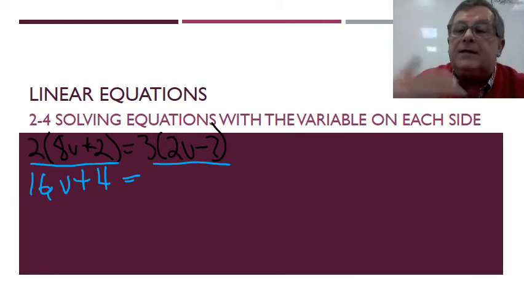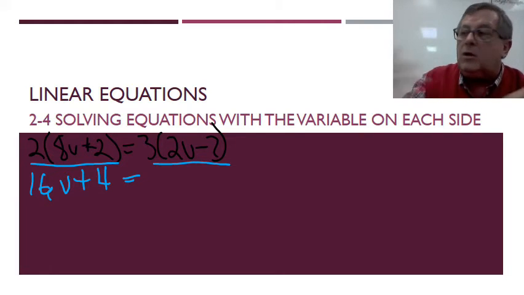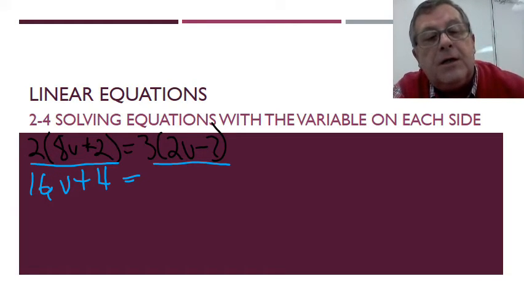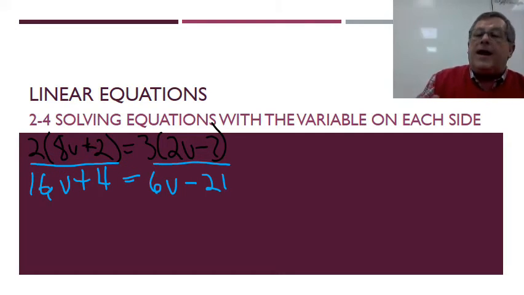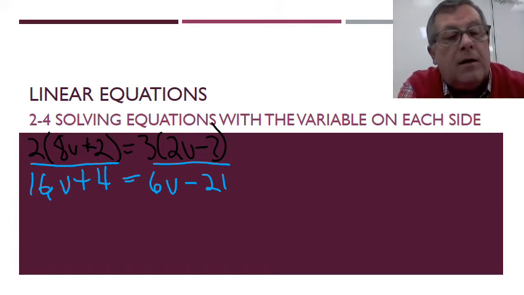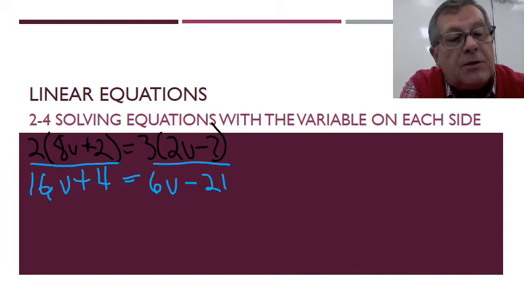Before I can even start to put my variables on one side and my constants on the other, I got to take care of this distribution first. So 3 times 2u is 6u, and 3 times negative 7 is negative 21. Now here's my next step. I want to get all my variables on one side, so I am going to subtract 6u from both sides.